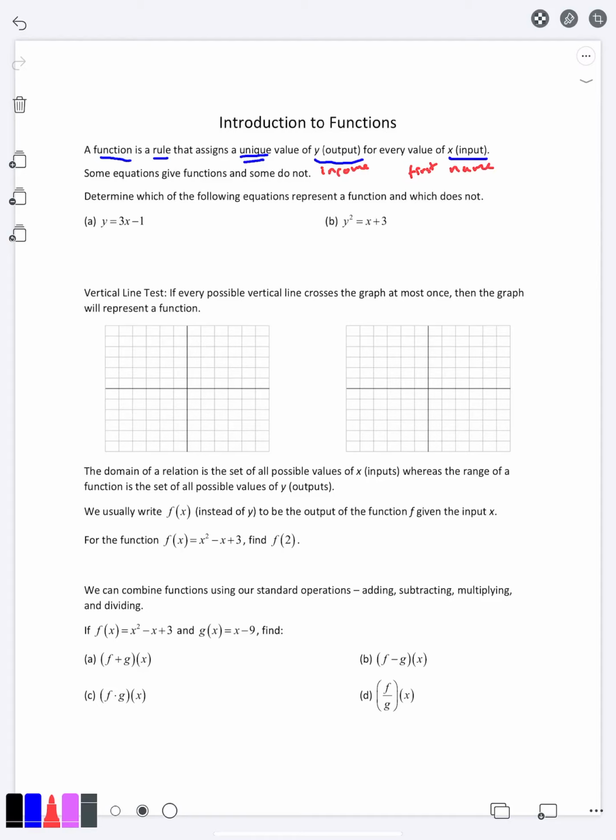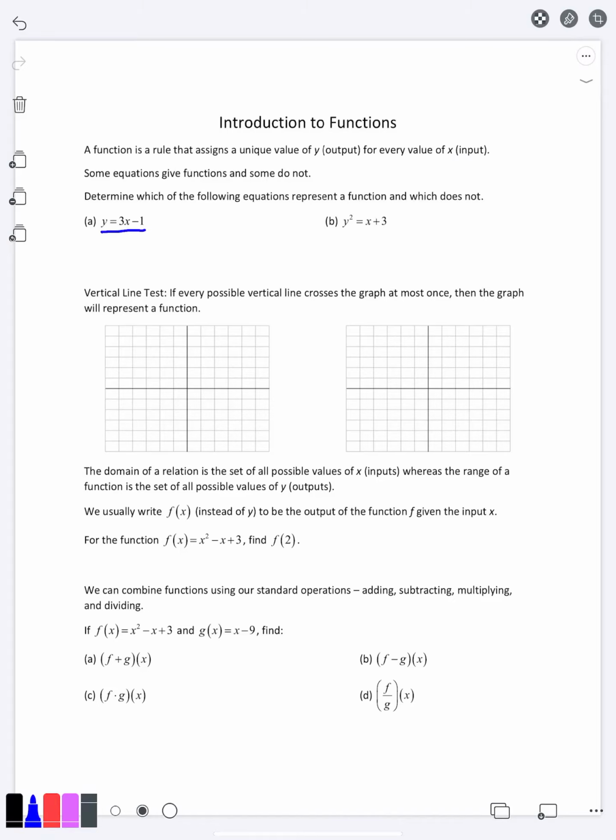Again, the importance is that whenever you have an input, you need to be able to have a unique output for that input. That's what makes it a function. Now, I made a little comment here that some equations are going to give a function and some equations will not. And I gave you two examples here. The first one is that y is equal to 3x minus 1. So let's think about it.